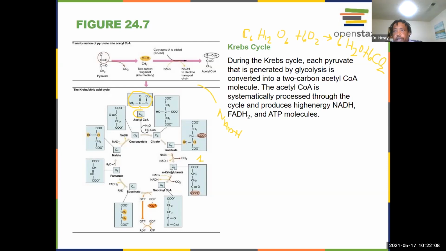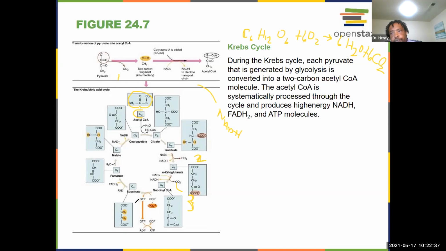So alpha ketoglutarate is going to be changed to succinyl-CoA. Succinyl-CoA is going to give us another CO2. I should say this is 1, this is 2, this is 3. Okay.